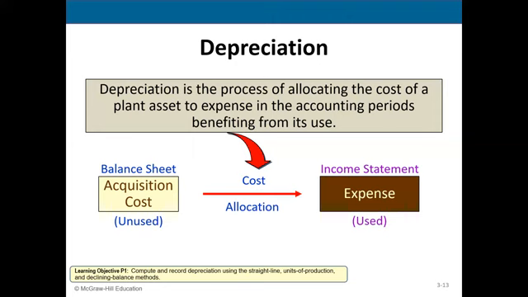And the other account, the account that gets credited, is called a contra asset account, and it's called accumulated depreciation. Accumulated depreciation is a contra asset account, meaning it holds a negative balance on the balance sheet as an asset.